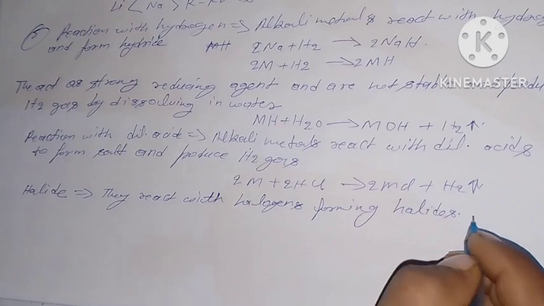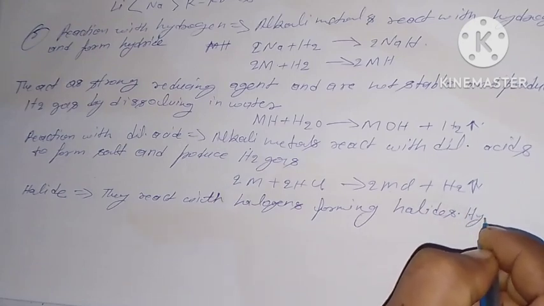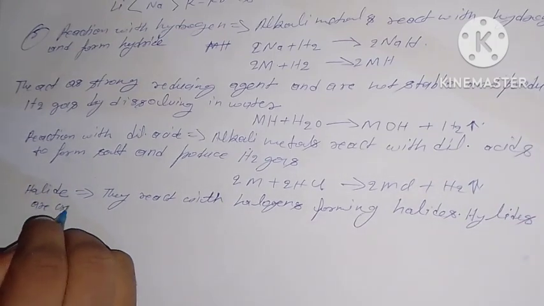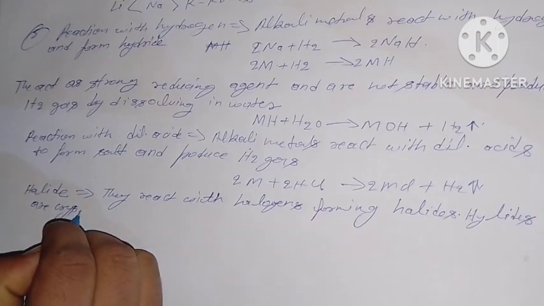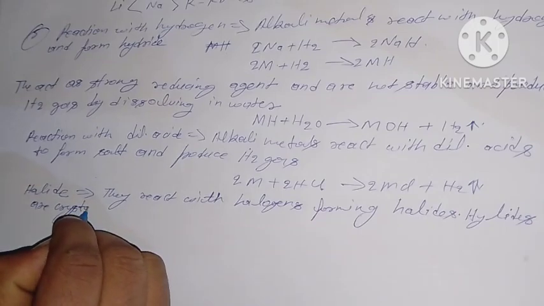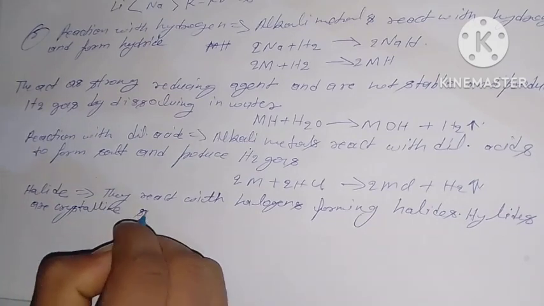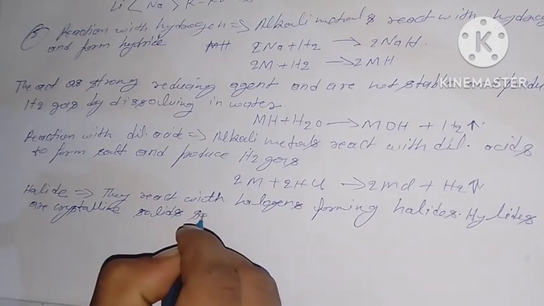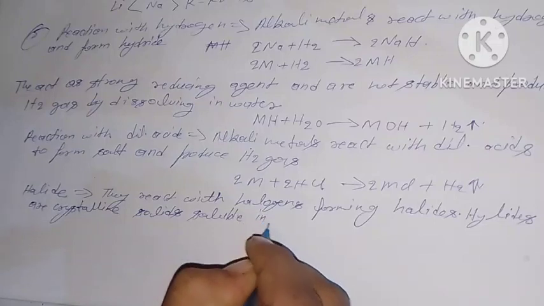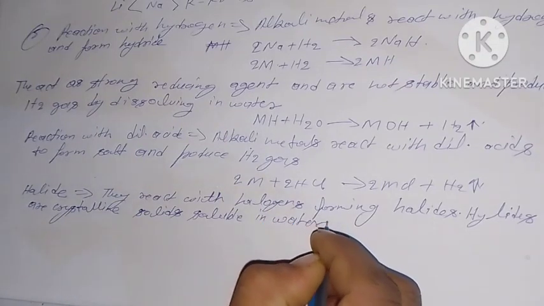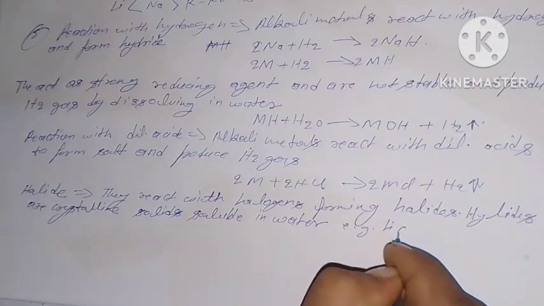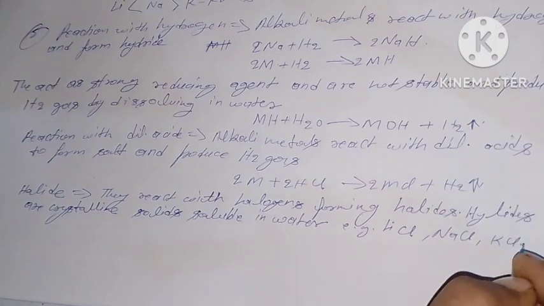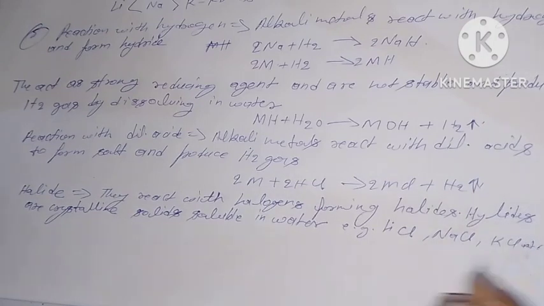Halides are crystalline solids soluble in water. Example: lithium chloride, sodium chloride, potassium chloride, etc. Okay.